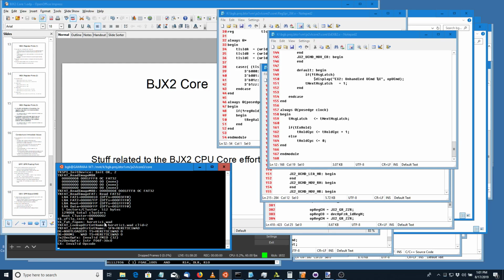It tries to probe for the Heretic WAD, because is it doing Heretic? It doesn't know. Oh yeah, and that's because I hacked this version of the Doom engine to pretend to be Heretic, so that's why it does that. And then it basically hits an instruction it doesn't know how to decode.